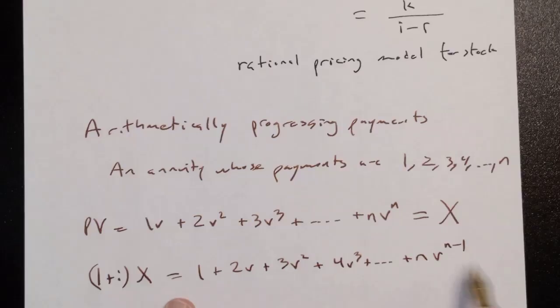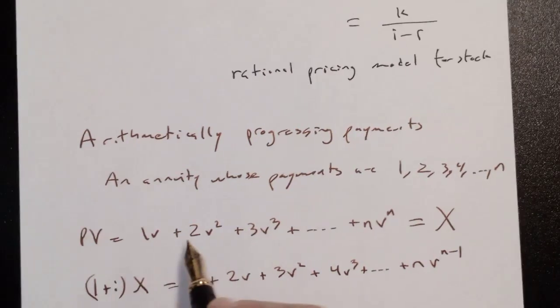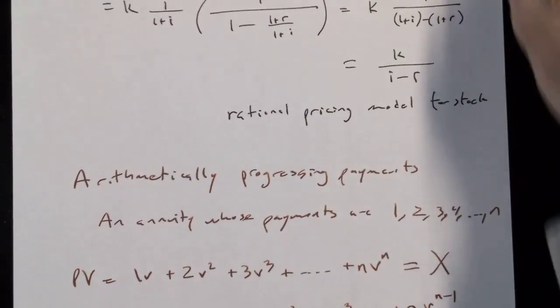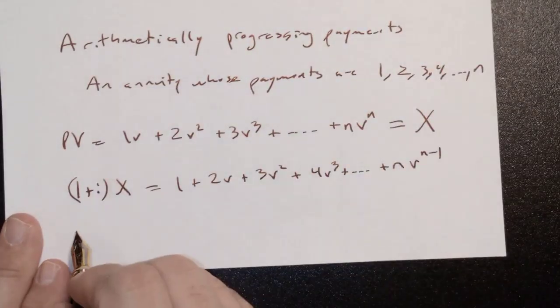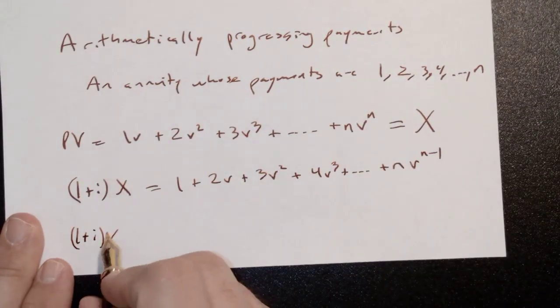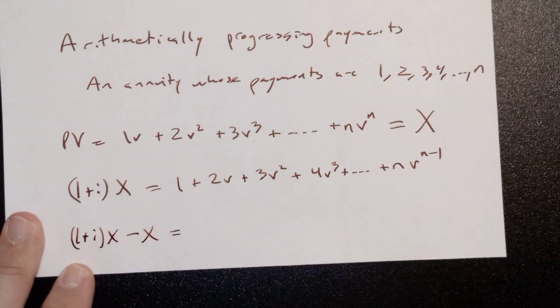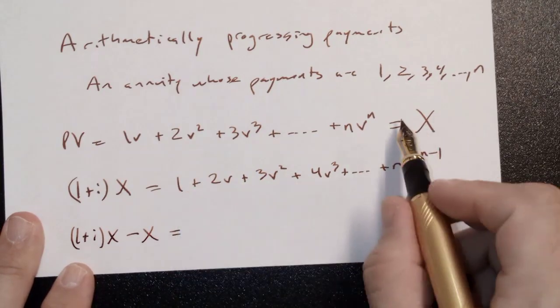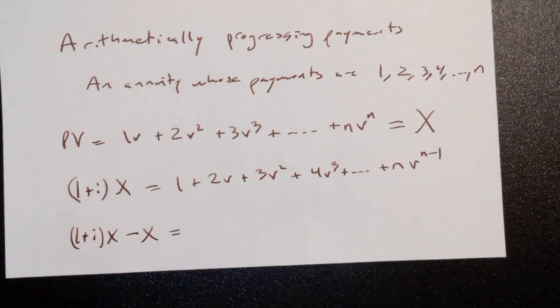If I take this one and subtract this one, what happens? 1 plus i x minus x. So take the second row here and subtract the first row. What do you get?